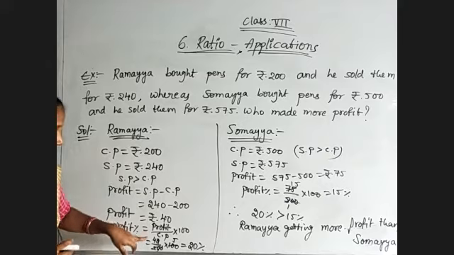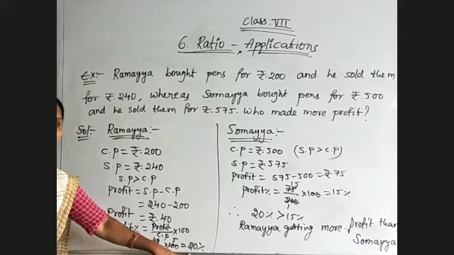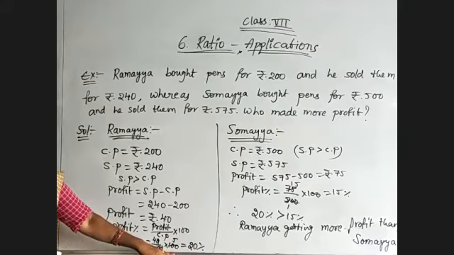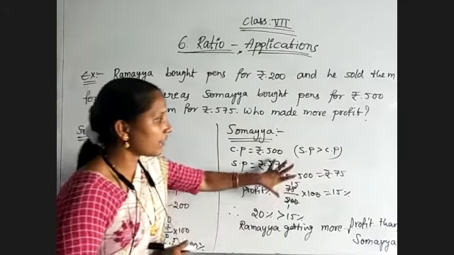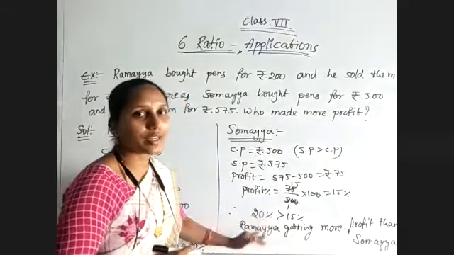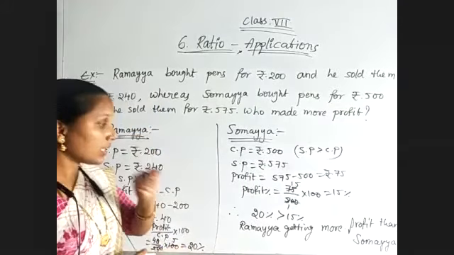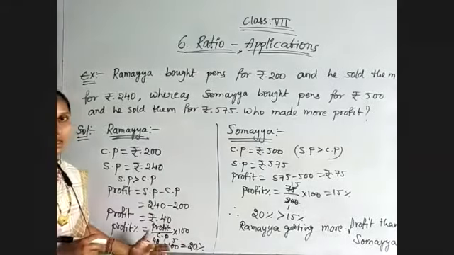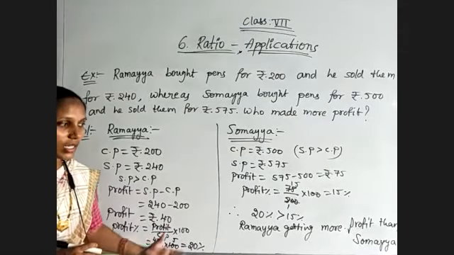Okay, just observe here, the percentage we calculated. 20% we got means for every 100 rupees he is getting 20 rupees profit. And coming to Somaya, for every 100 rupees he is getting 15 rupees profit. That's why his profit percentage is less than Ramaya's. So Ramaya is getting more profit.